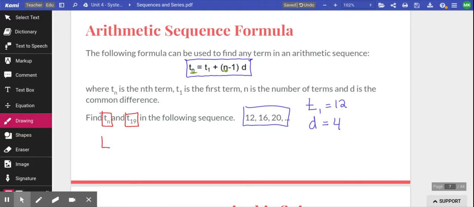So if you wanted to calculate T of n using this formula, we would put T of 1, which is 12, plus we don't know what n is, so we leave it as n. We subtract 1, and then we multiply it by 4. If you want to write a little multiplication symbol, you can. That's called the general term.